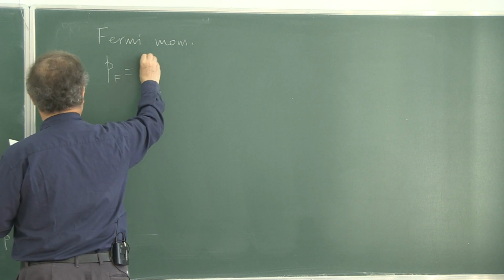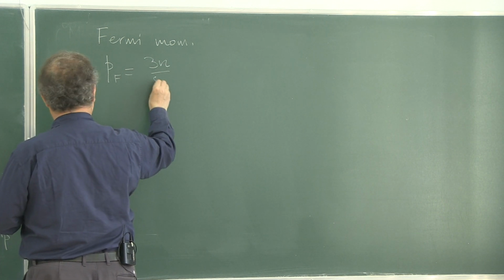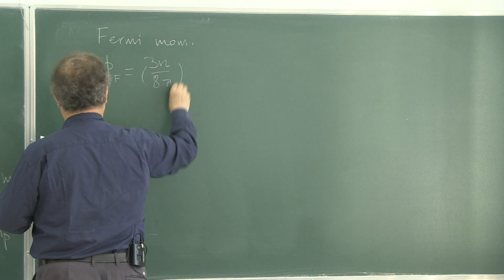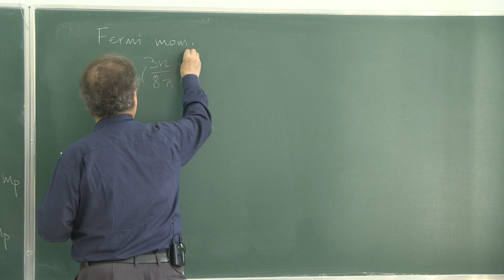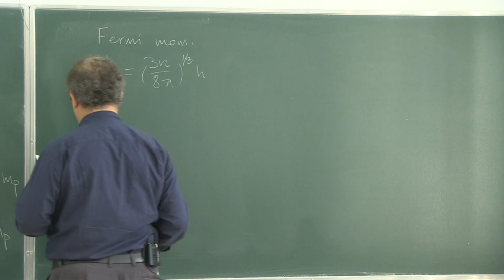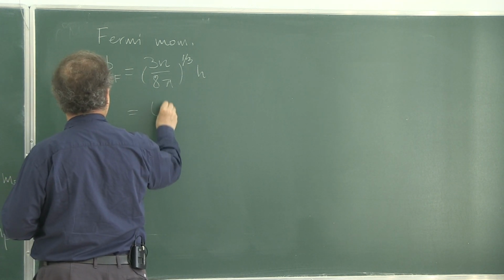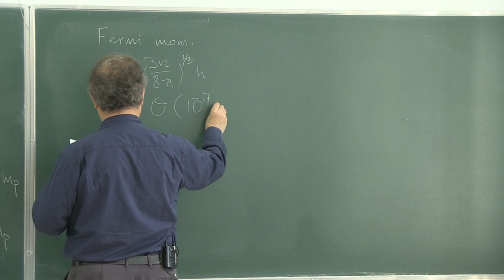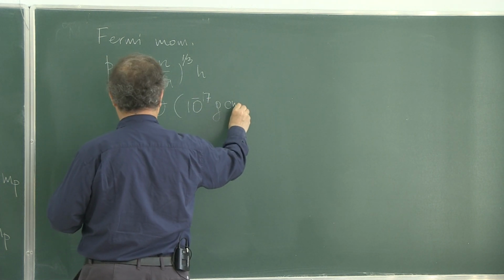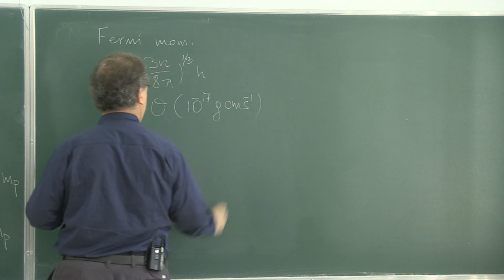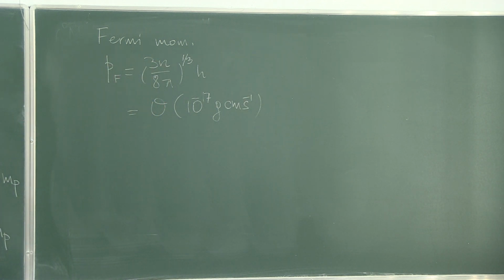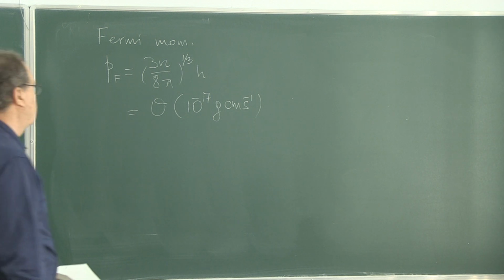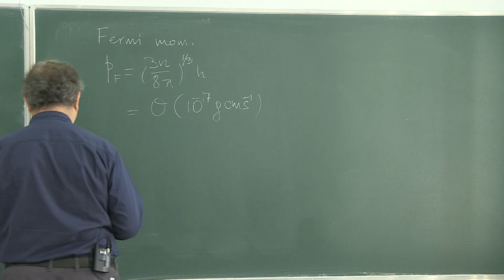Fermi momentum can be written as 3n over 8 pi, derive this if you like, times h. This is of the order of 10 to the minus 17 grams centimeters per second. You can multiply these numbers and find the final result of the order of 10 to the minus 17.